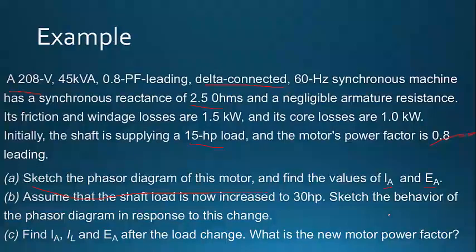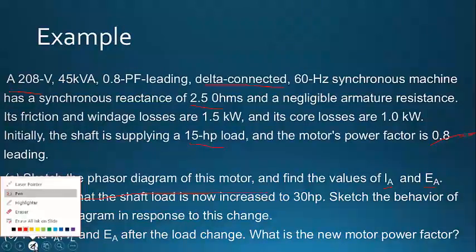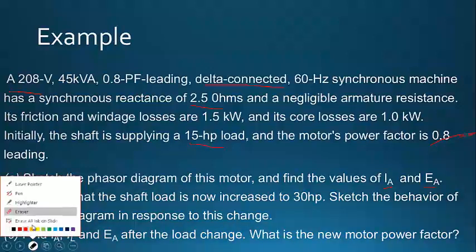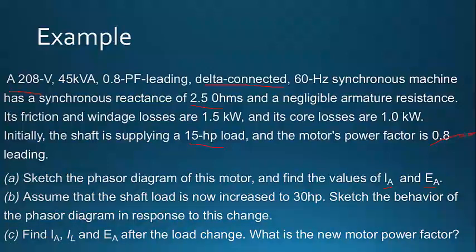Part B of the question says that the shaft load is now increased to 30 horsepower. Sketch the behavior of the phasor diagram in response to this change. Initially the load was 15 horsepower. Now the load has increased to 30, which is almost twice the initial load.